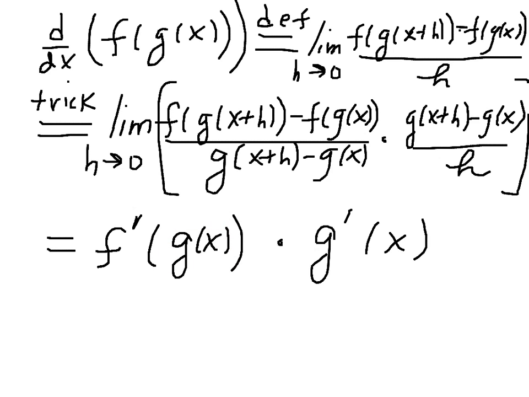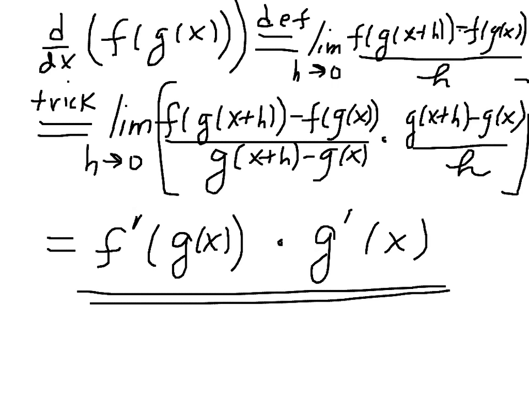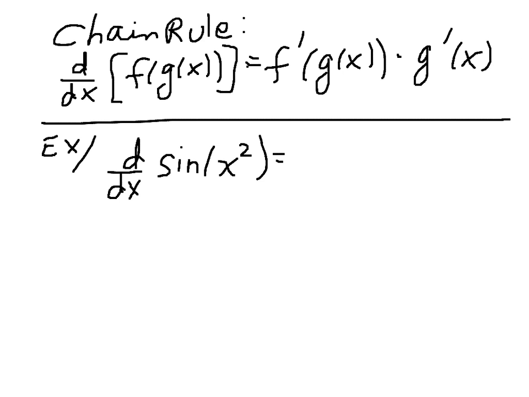What we're doing is evaluating f at g of x and evaluating f at g of x plus h and dividing by the difference of those two. So it's really the slope of the tangent line to f at g of x, which is exactly what this says. And this is the chain rule, and it tells us how to take the derivative of any composition of two functions. So we'll move on now and look at some examples.